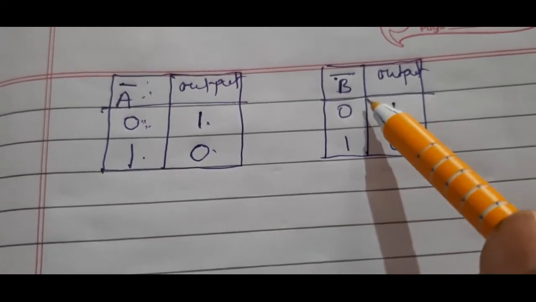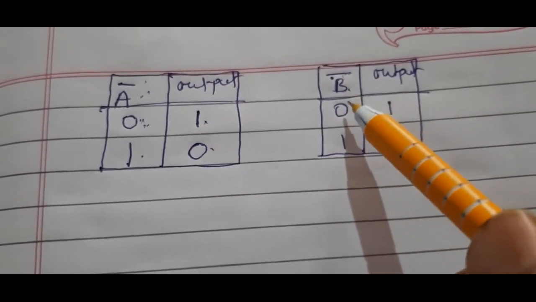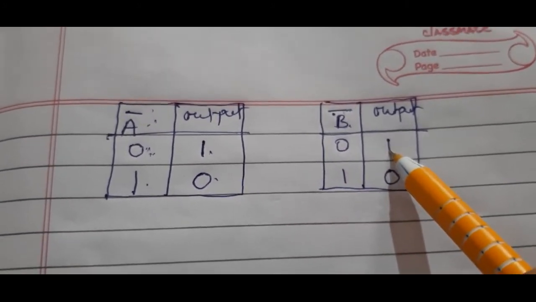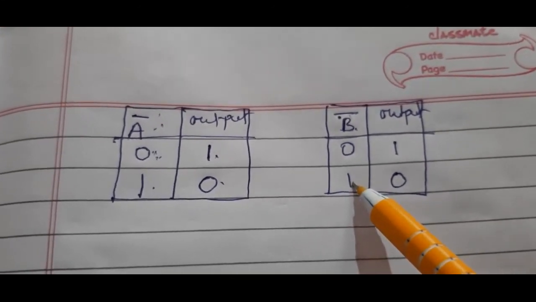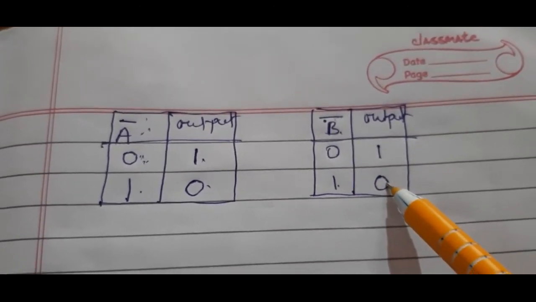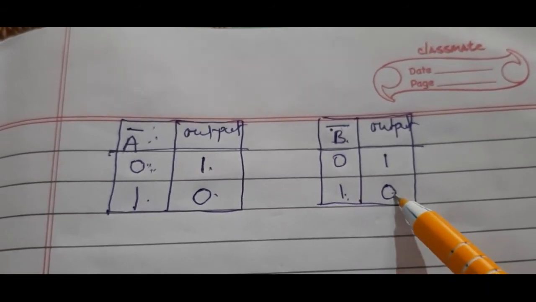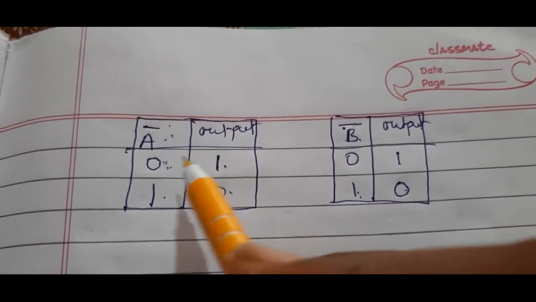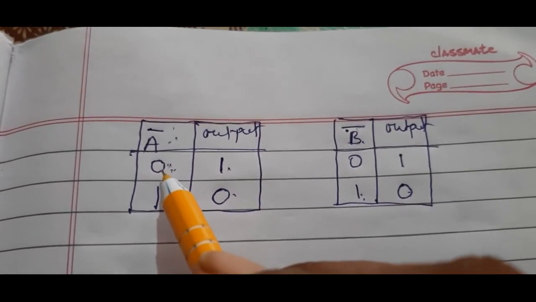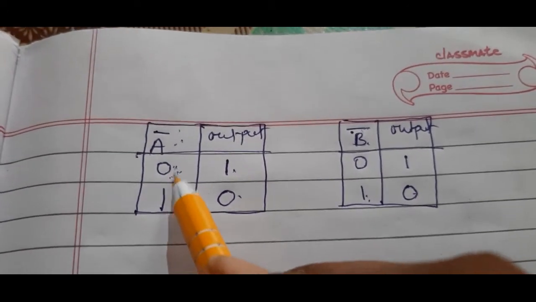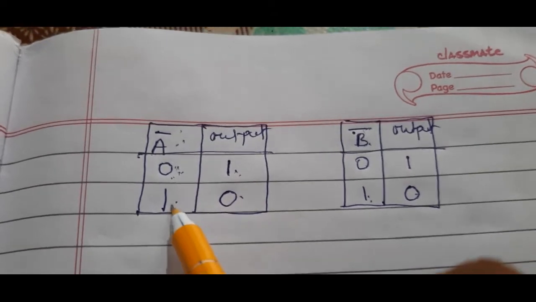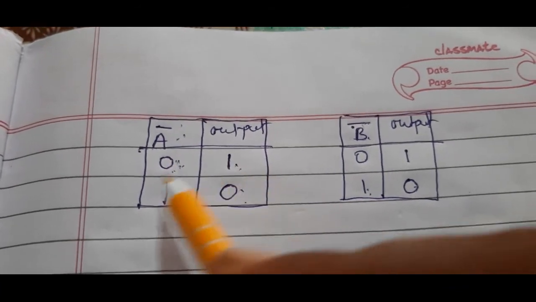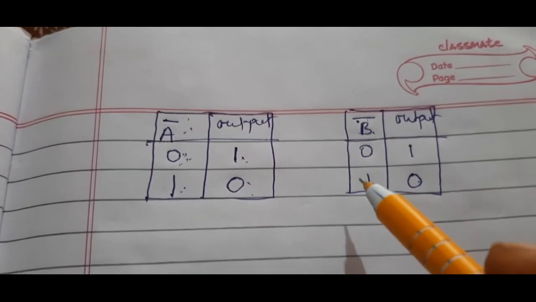The same is here with the B input. If the input is off, that means it is a positive output, and if the input is on, then the output will be off. So this is what NOT does, it's just the opposite. Because it is NOT, NOT means no. If it is no, then the output will be okay, but if it is yes, then the output will be not okay. So in a NOT gate, only the opposite output comes.